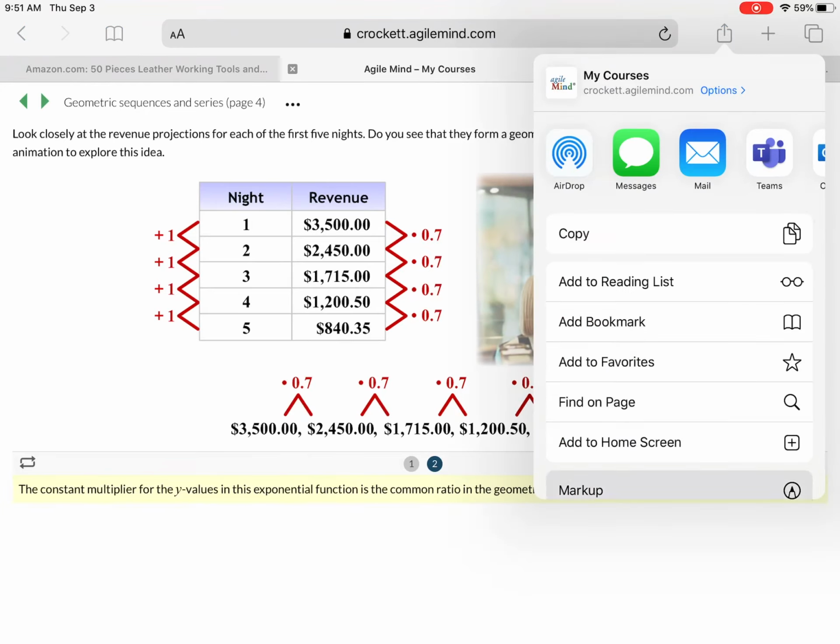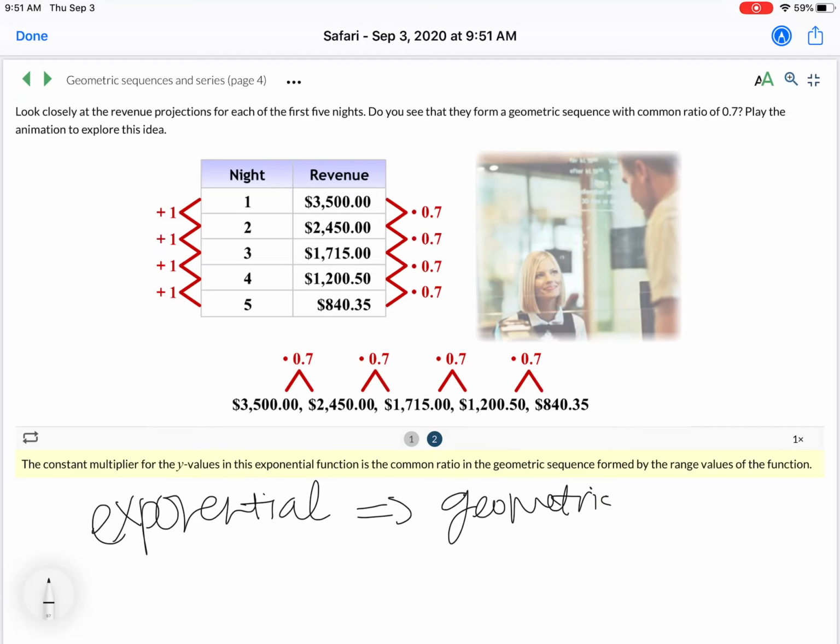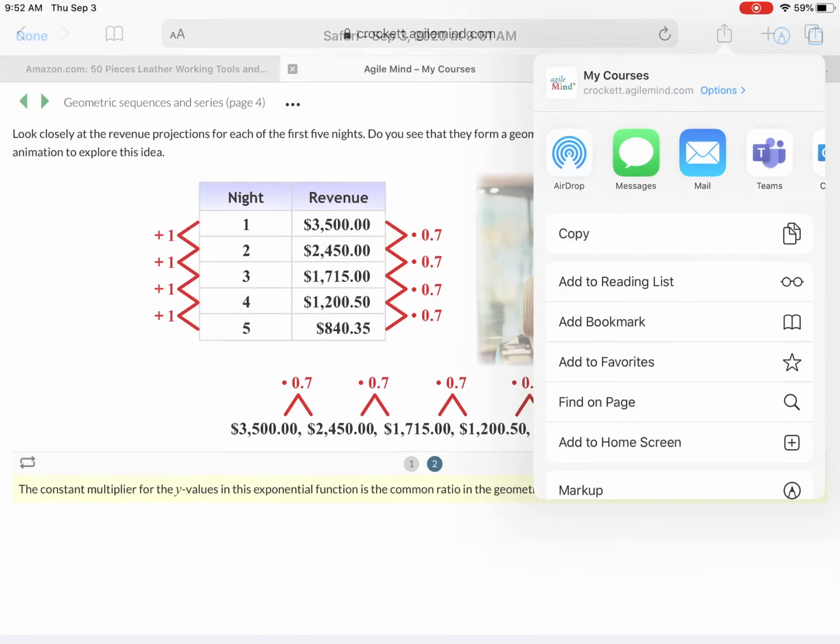So what you need to know here is that exponential functions go with geometric sequences, which is what we learned when you were in class on Tuesday, okay?